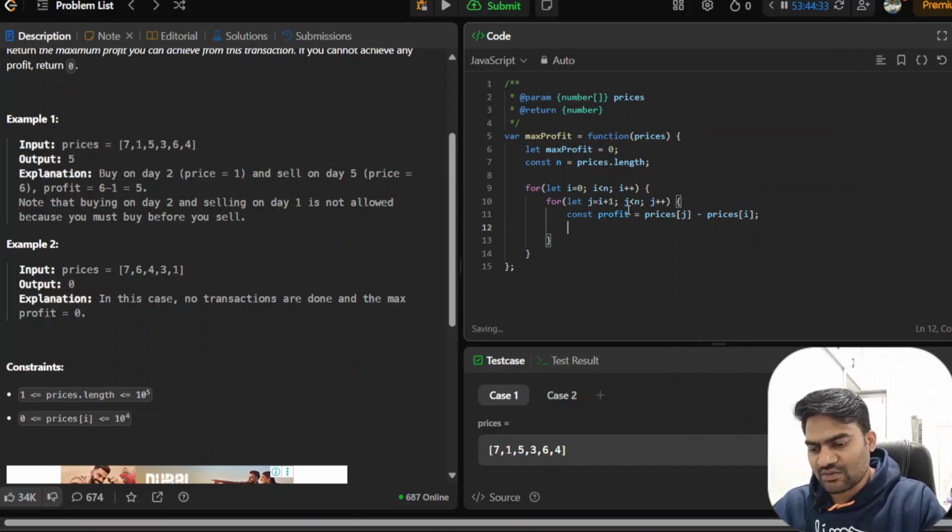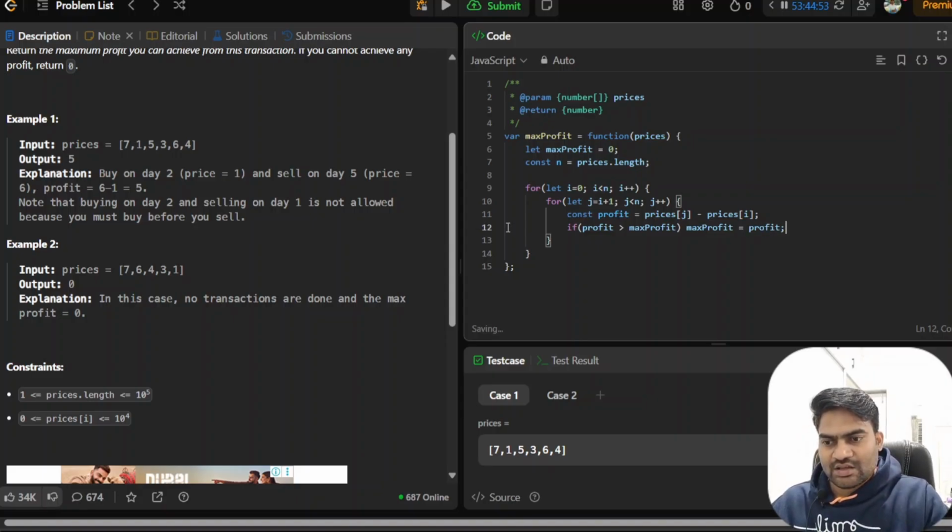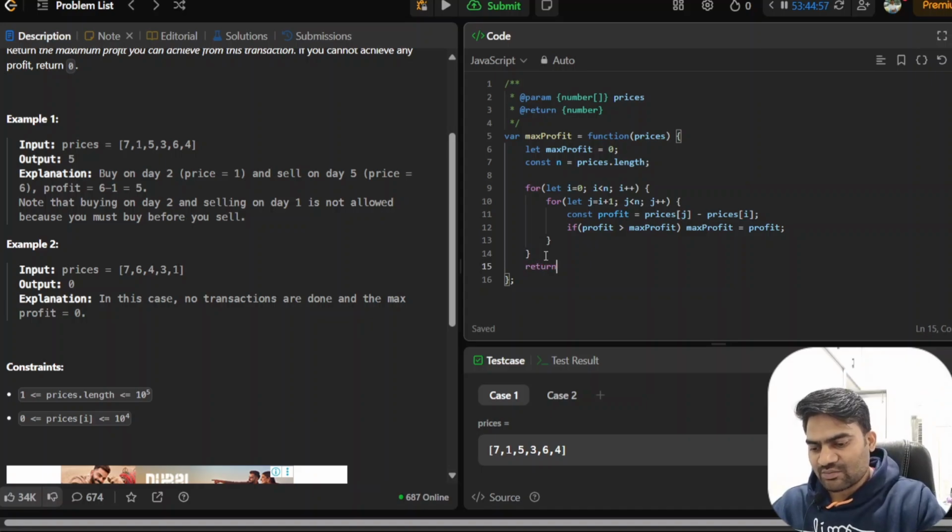Then I will check if my profit is greater than max profit, then my max profit will be my current profit. After this, at the end, I will simply return my max profit.